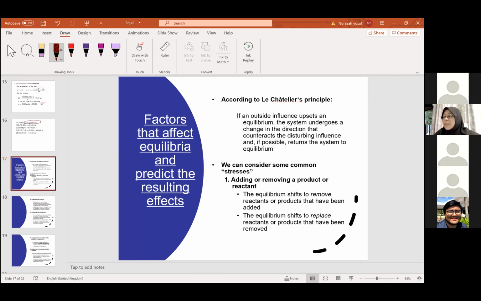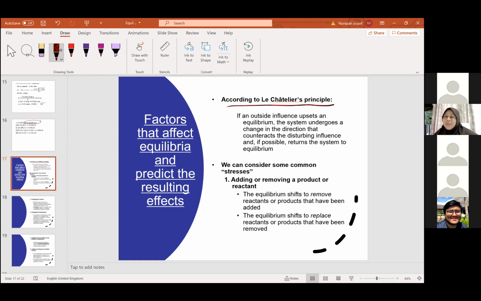The simplest one. So there are a few factors that can affect the equilibrium. According to Le Chatelier, this is French, Le Chatelier's principle: if an outside influence upsets an equilibrium, the system undergoes a change in the direction that counteracts the disturbing influence, and if possible, returns the system to equilibrium.